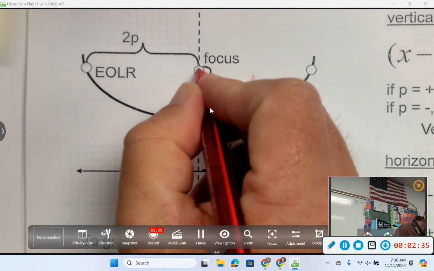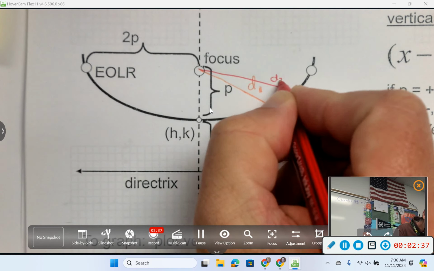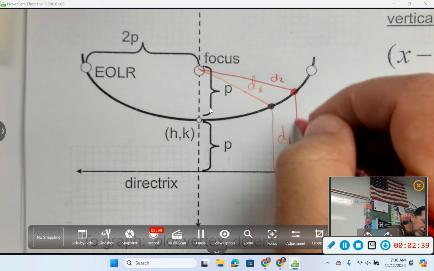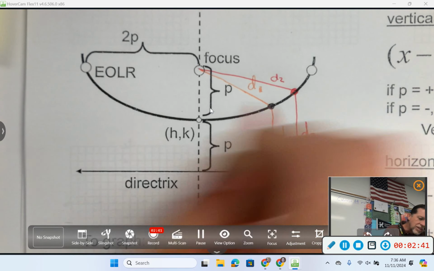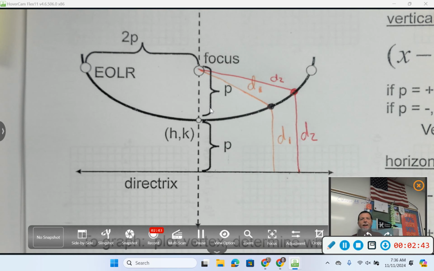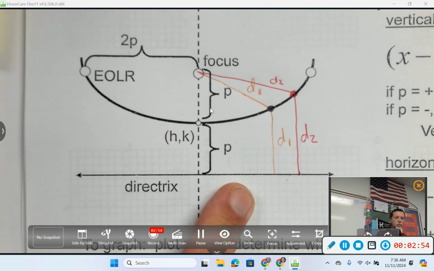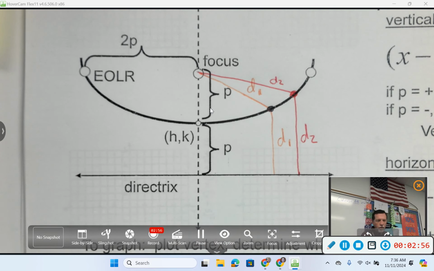So if we pick something else, that's a different distance from D1, but it's still equidistant from the focus and directrix. And it's kind of complicated, but if you write an equation using the distance formula, saying D1 equals D2, you land with the equation for a parabola. We're not going to do that.